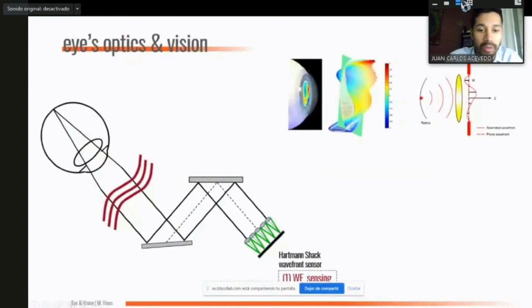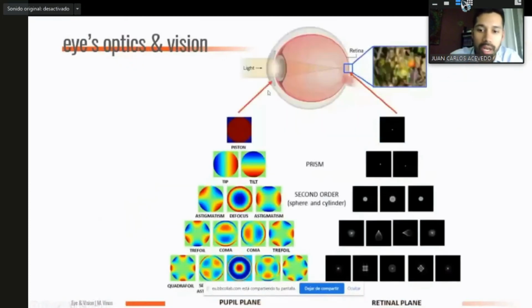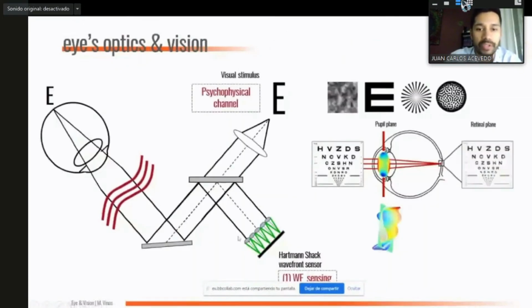These are the plots of the two planes, pupillary and retinal, in which all low and high order aberrations are shown. The second component is a projector, which emits images onto the retina, integrated with the wavefronts already captured, and then reproduces, by integrating these two properties, the image formed in an eye with a certain degree of ametropia.